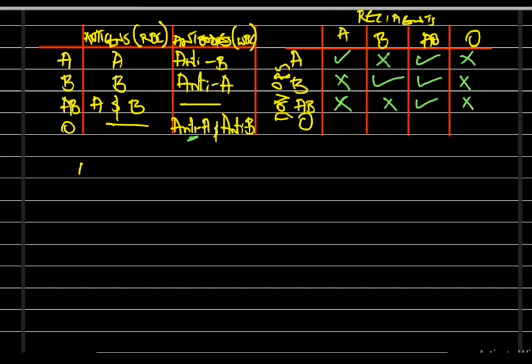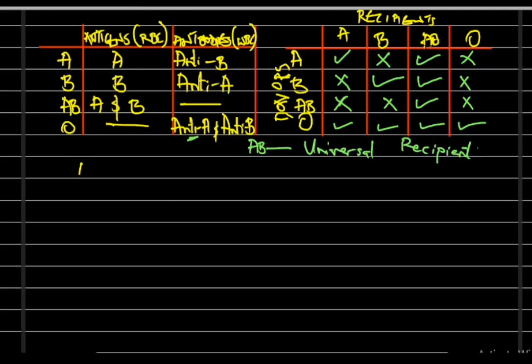It will not also be able to donate to O. And then O can donate to A since O does not have any antigen, so A will receive that blood from O, and then O can also donate to B since O does not have the antigen as well. It can also donate to AB and it can also donate to O. So we see AB, we see them as universal recipients.